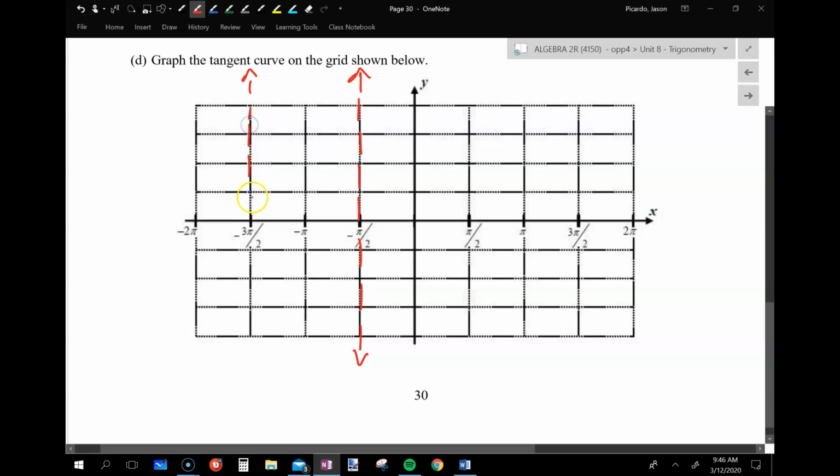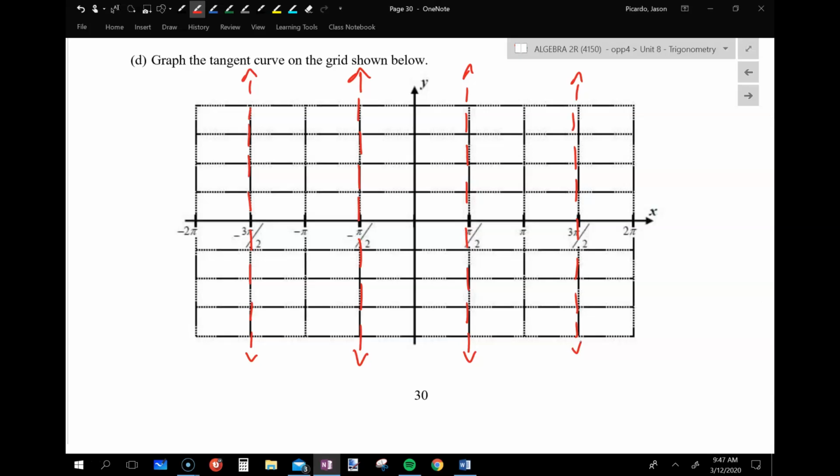There was one at -3 pi over 2. There was one at 90. And there was one at +3 pi over 2. All right, so I got these boundaries, right? I made them red. There you have it.